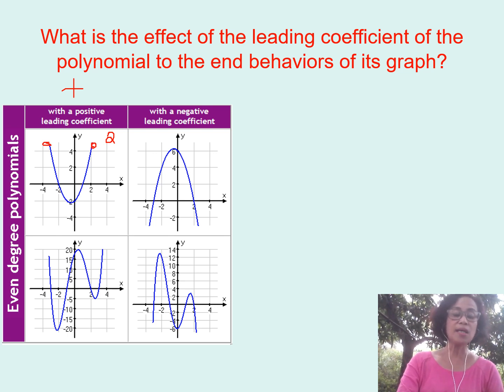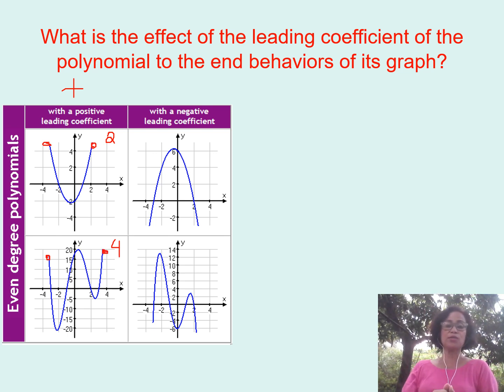Okay, this is again an even degreed polynomial. 1, 2, 3. Therefore, this is a fourth degree polynomial. So, let's see. It started with a high point again, went low, went high, went low, but it ended with a high point again.